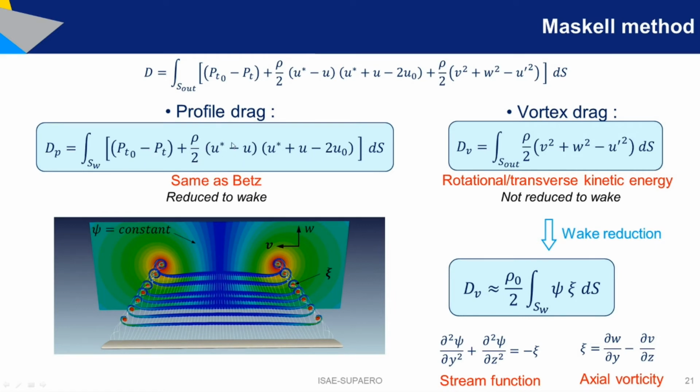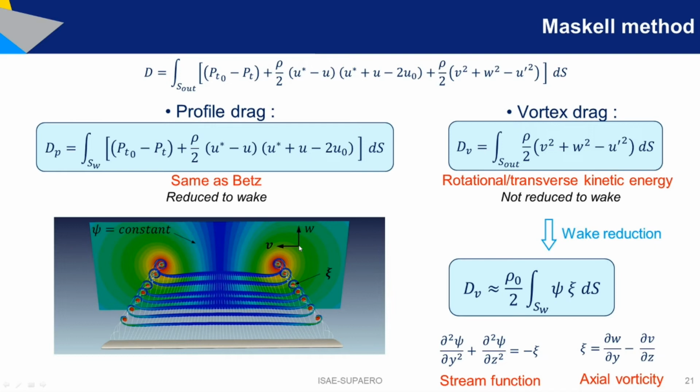You can compute the axial kinetic deficit. So basically, you can compute the profile drag at this wake section. But the other term here is the vortex drag, and it requires computing the transverse kinetic energy in an infinite survey plane. Let's suppose that this is the infinite survey plane.